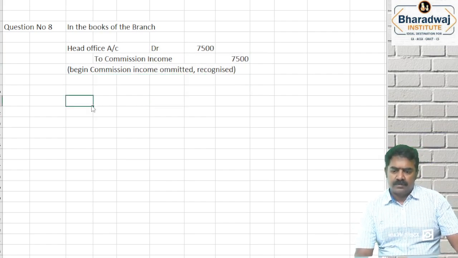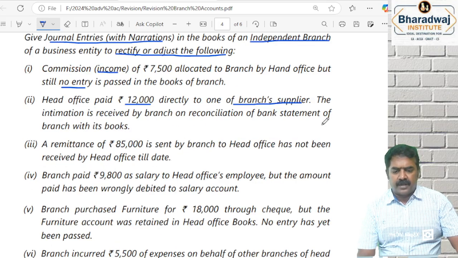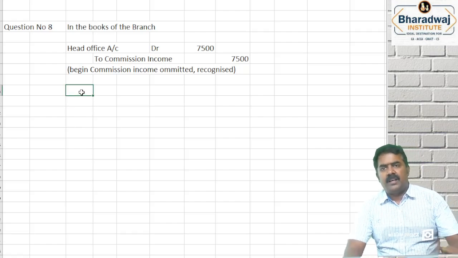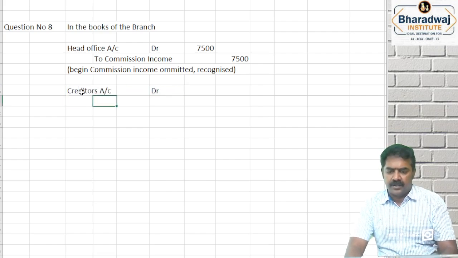What is the next one? Head office paid 12,000 directly to our branch supplier. Supplier means creditors. Intimation is received by the branch on reconciliation of bank statement. When we pay suppliers, what is the entry we pass? Creditors account debtor to cash or bank account. Now who paid it?